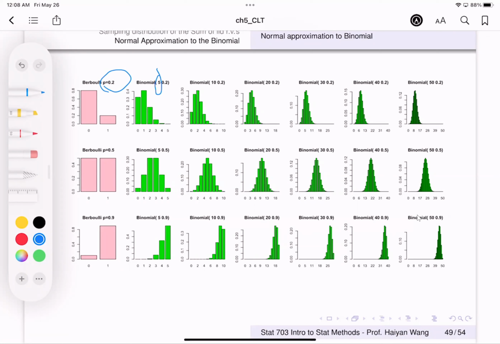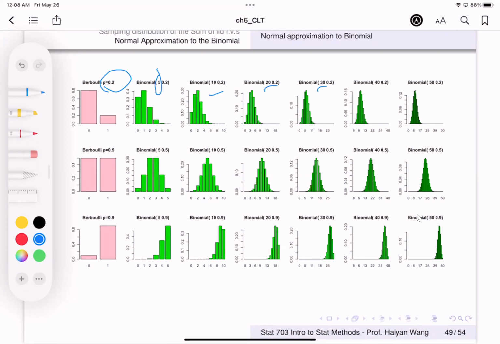And we repeated the experiment 1,000 times, and we plotted the histogram. You see that with n equals 5 and p equals 0.2, the distribution is kind of skewed. And you increase the number of trials to 10 and 20 and 30 and so on. As you see, when the number of trials increases, it becomes more and more symmetric.